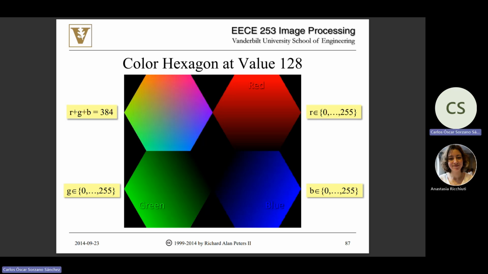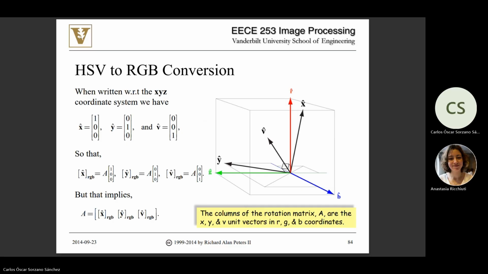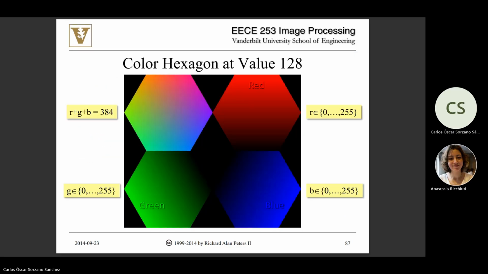So for instance, this point here would need very little blue and almost no red.